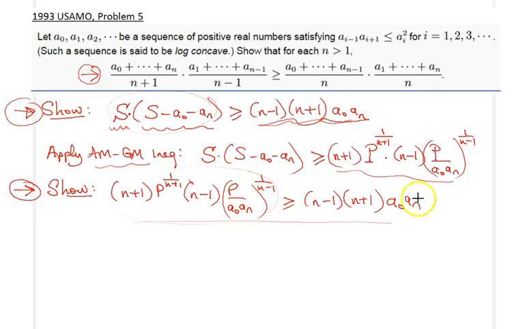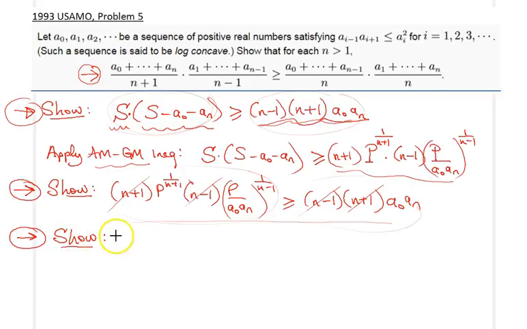So if I can show that this is greater than the right hand side here, that would be proving that the left hand side is greater than the right hand side. So I realize that the n plus 1s are cancelling here, and the n minus 1s are cancelling, and I'm moving the a sub 0 a sub n to the right hand side. Further, my task is now simplified.